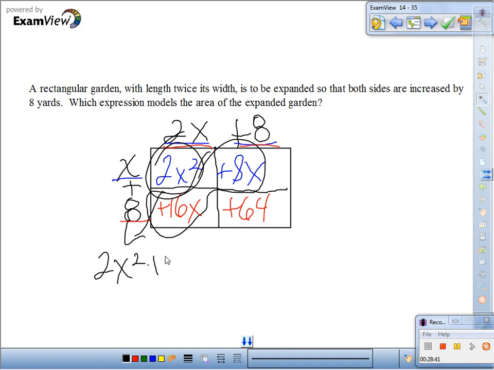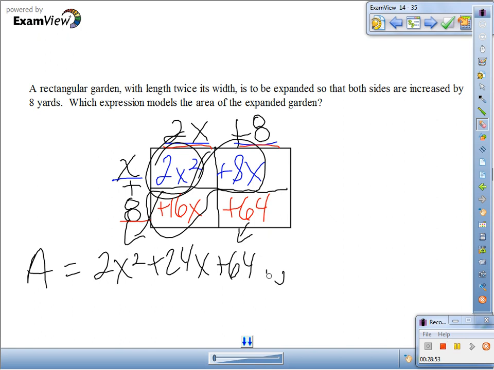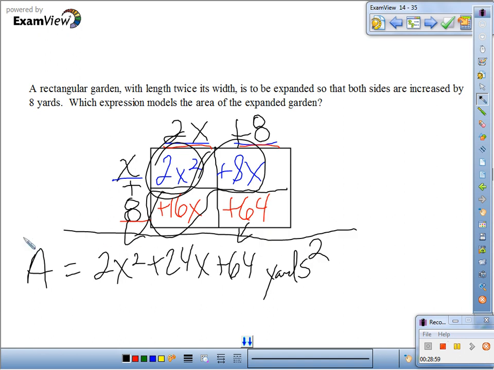This is positive 24x. And this is positive 64. You're going to write the area is this. And what? Yards. Yeah, they give us the unit measure, which is yards squared. Hands, have you got that?